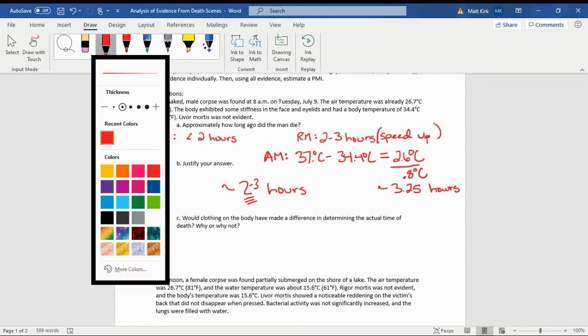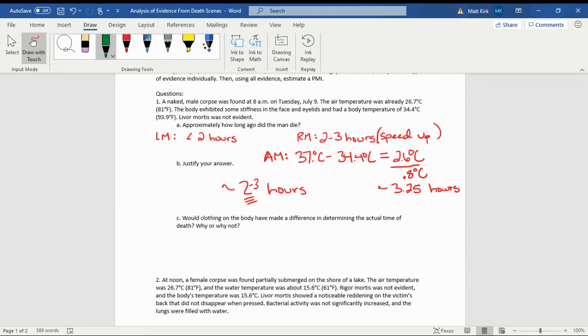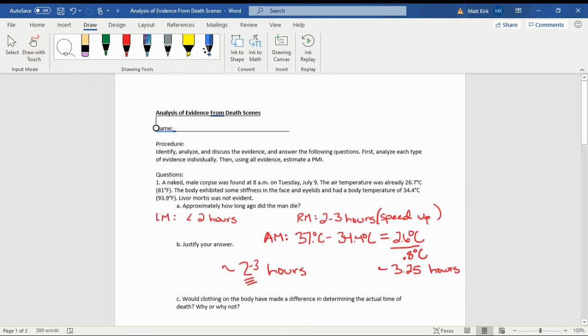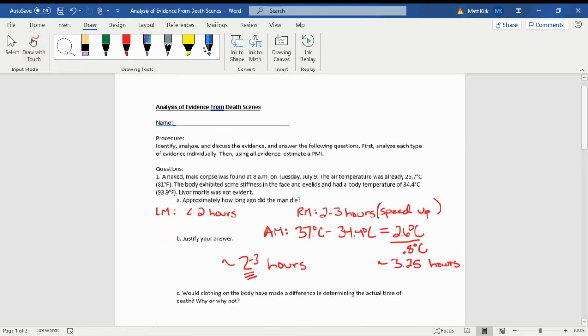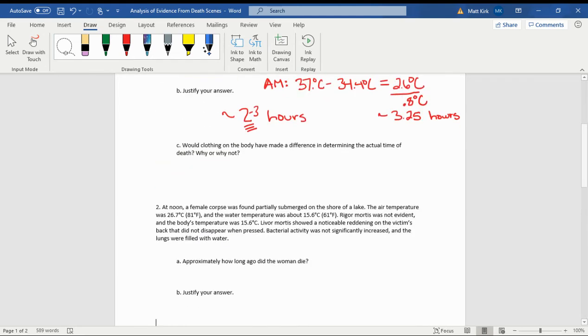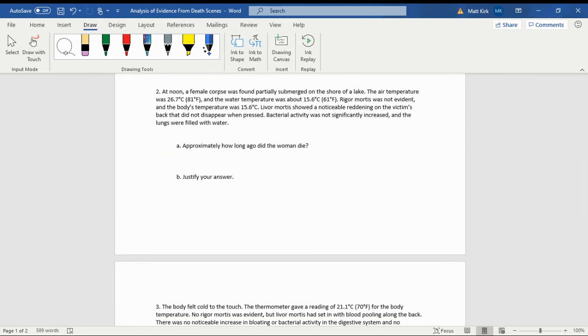All right, let me try another one here. At noon, a female corpse was found partially submerged on the shore of a lake. The air temperature was 26.7 degrees Celsius, and the water temperature was 61 degrees Fahrenheit or 15.6 degrees Celsius.